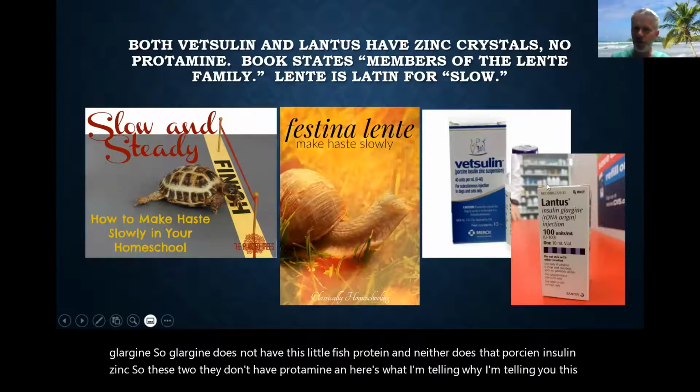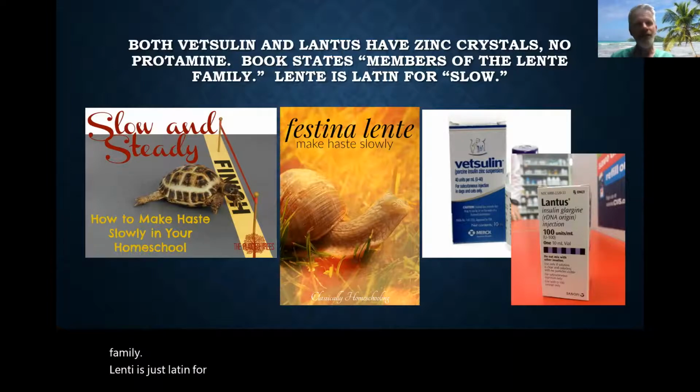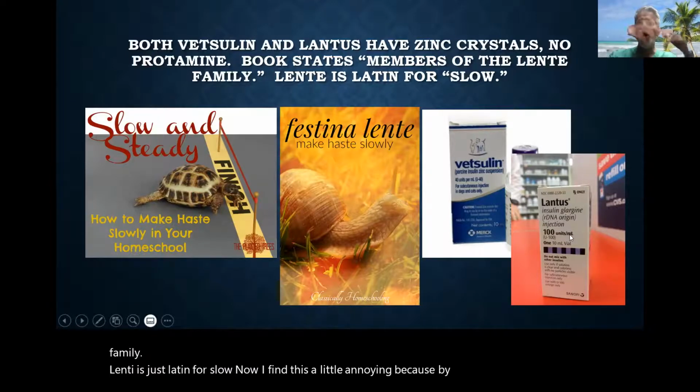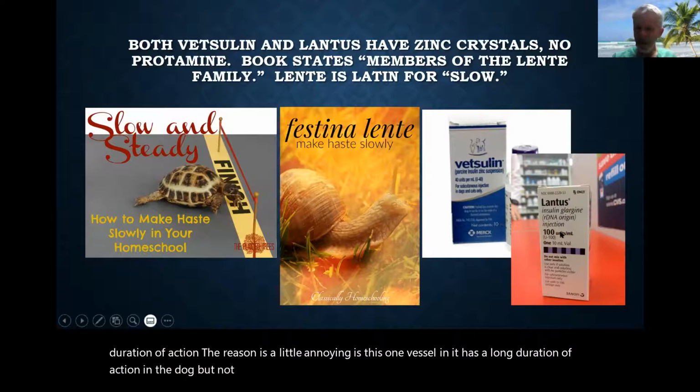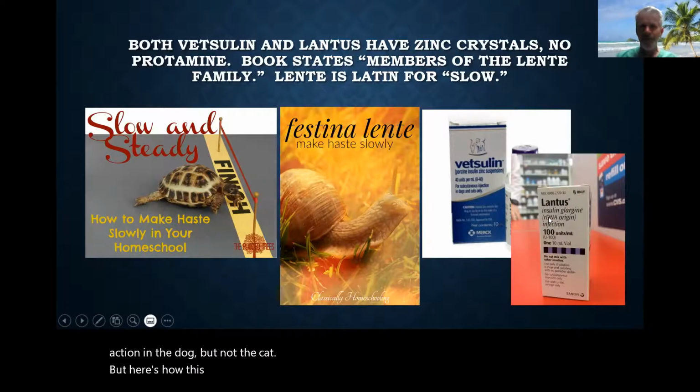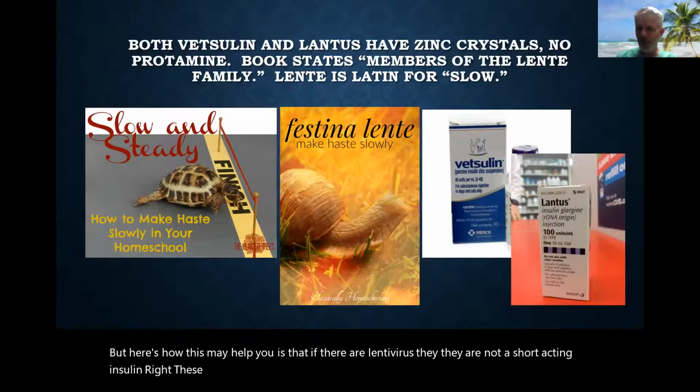You'll hear these guys referred to as members of the Lente family. Lente family. It's not a mafia family. Lente is just Latin for slow. Now, I find this a little annoying because by slow, we mean long duration of action. The reason it's a little annoying is this one, Vetsulin, has a long duration of action in the dog, but not the cat. But here's how this may help you: if they're Lente, they are not a short-acting insulin, right? These are not the emergency insulins.